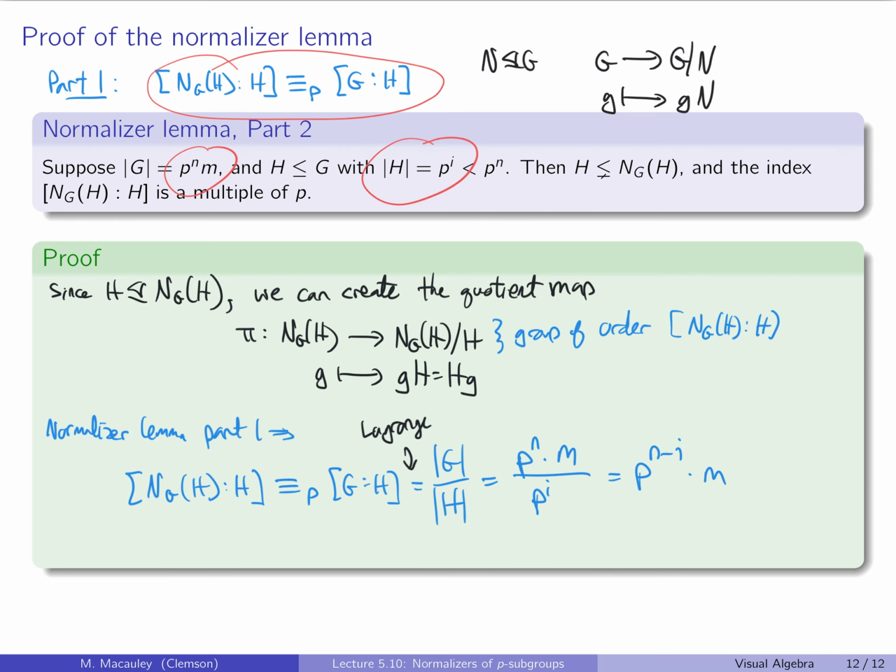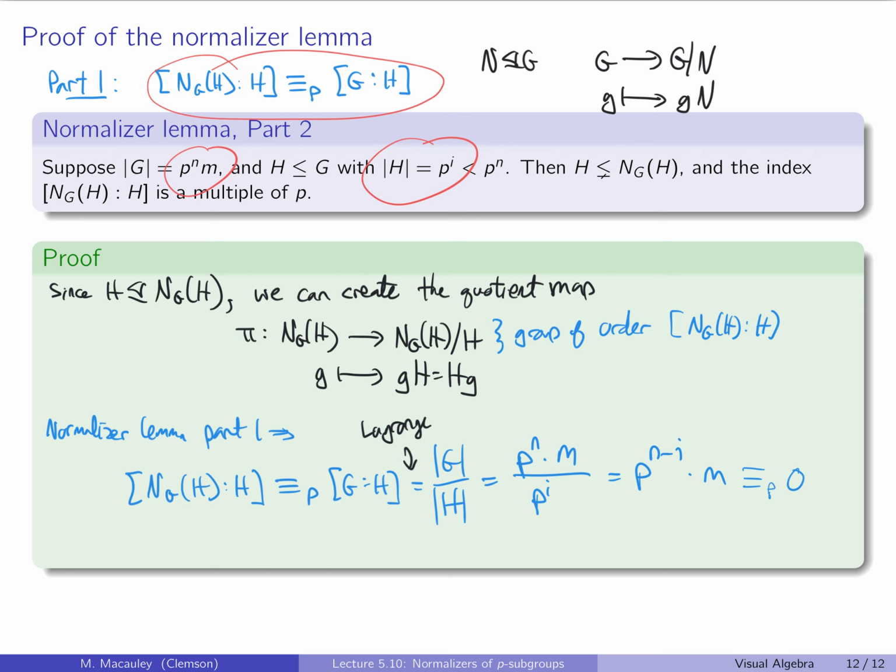I should say that this is 0 mod p, because again, this is a multiple of p. We're doing everything mod p. So that just means that these two things are both multiples of p.